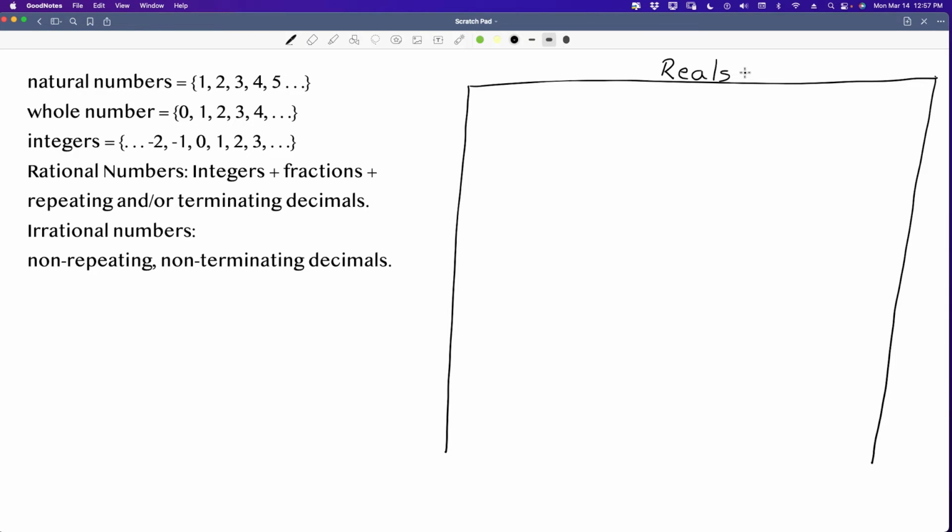So reals is all the numbers, all of them. Every number possible is included in the reals. And then from there, we have two different types of numbers. We have irrational numbers, and we have rational.